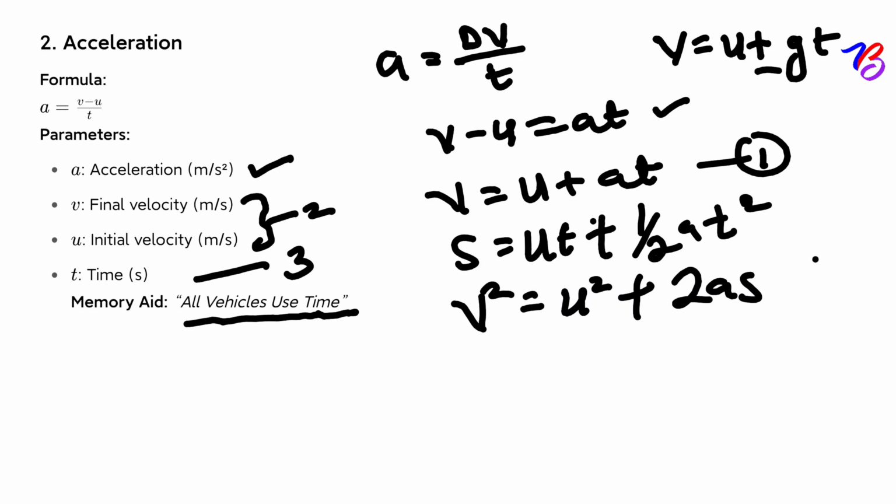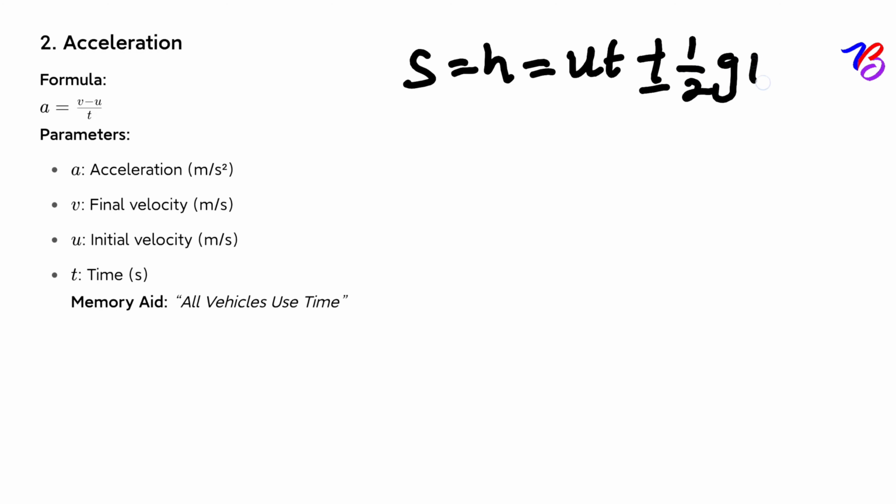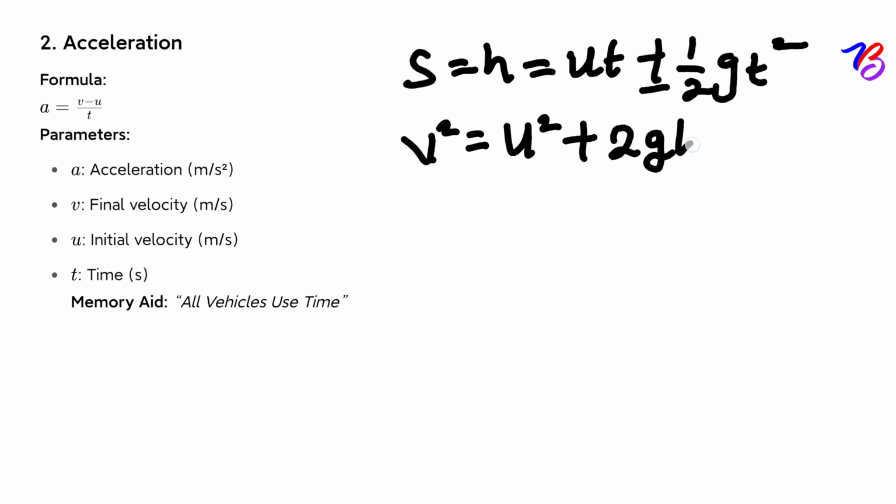Then our second equation can be transformed to be S, which is the same thing as height, is equal to what? UT plus or minus 1 over 2 GT squared. Can you see? Still related to this formula. Then V squared is equal to U squared plus what? 2GH. Can you see the foundational formula being transformed into acceleration due to gravity?